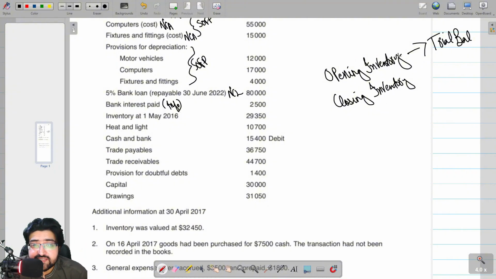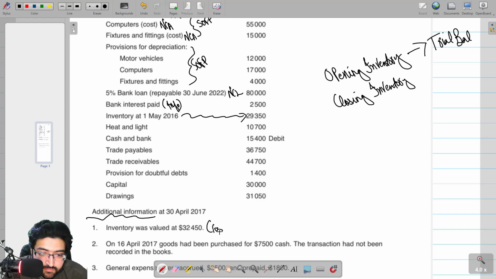So opening inventory is given in the trial balance. This is the trial balance. So this one is your opening inventory. Okay? And the one given in additional information is your closing inventory. You can also double check by looking at the dates.